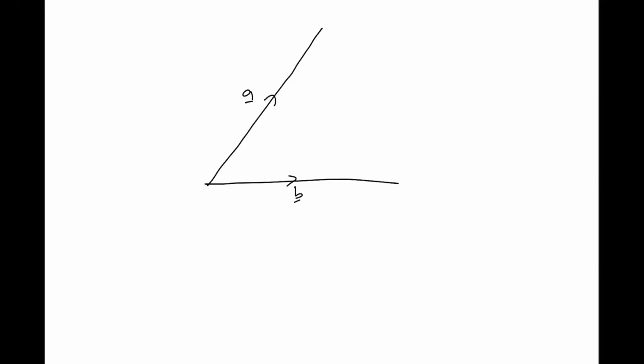Okay, so here, let's say you got some vector and some angle, and I consider the vector A dot B divided by B's norm, times B divided by B's norm.